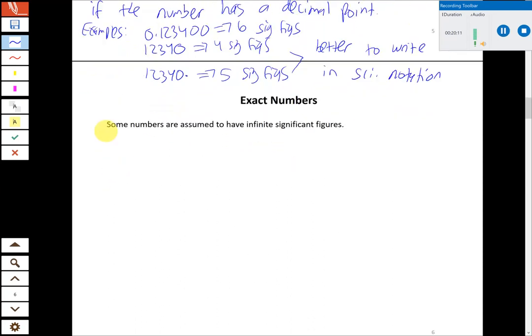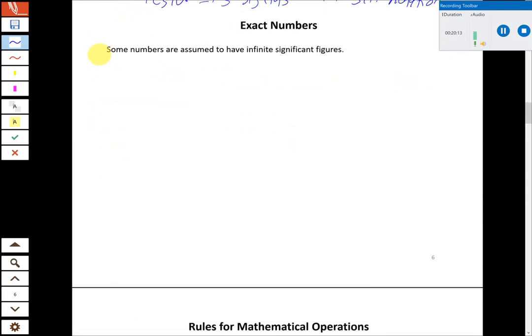Now, there are some numbers that we call exact numbers that are assumed to have infinite significant figures. Any measured quantity, anything that we make a measurement on, is going to have a certain number of significant digits associated with it, which is determined by how exactly we make the measurement, how precise the instrumentation is that we use to measure it. But there are some quantities that we're still going to use that are assumed to have infinite significant figures because they are not measured quantities.